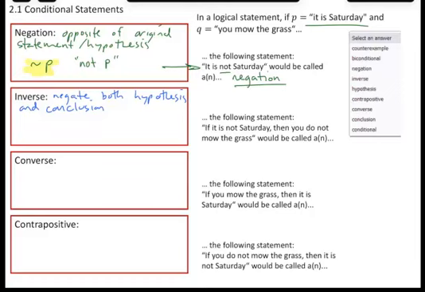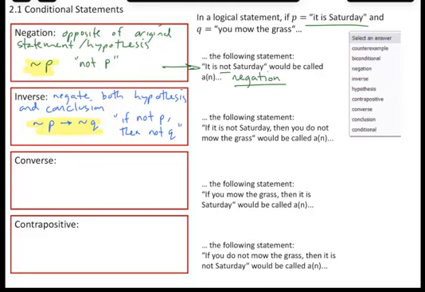So you're going to see the same order, P and then Q, but with the negation of each. It's going to be if not P, then not Q. That's the symbolic representation, and the wording is if not P, then not Q.